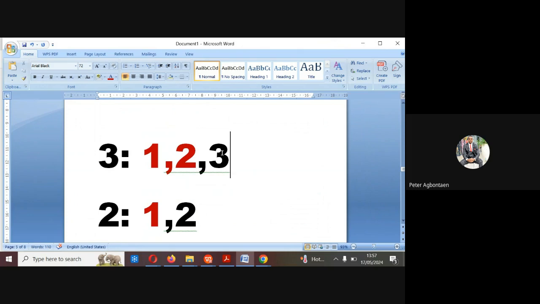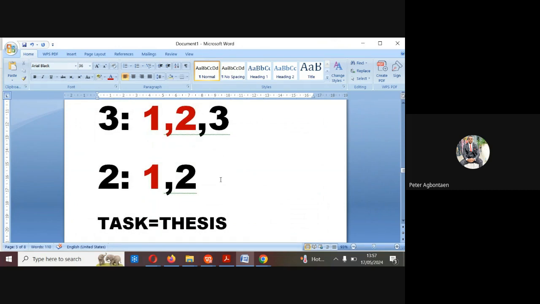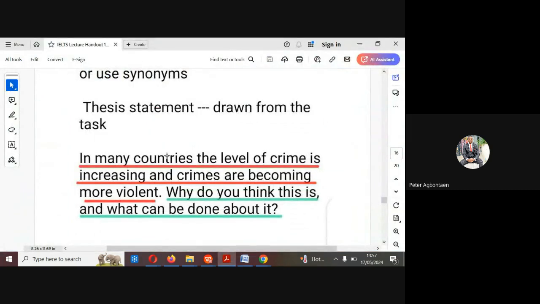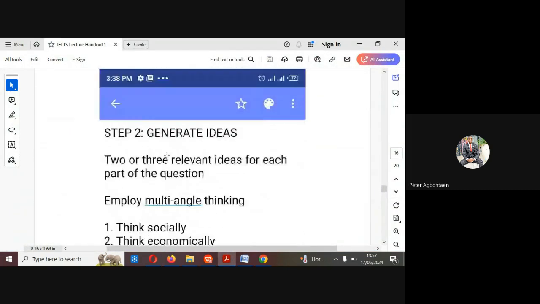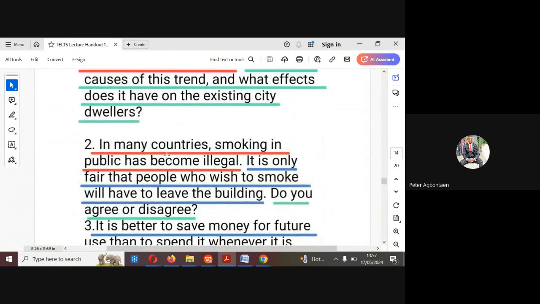So the last sentence of the question, that's what you convert into your thesis statement. That last sentence is called the task. So in these examples I showed you earlier, let me show you those two examples again.